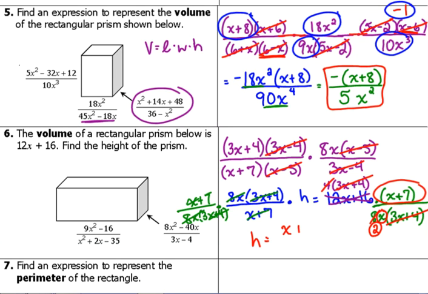So our height is equal to x plus 7 over 2 times x. I would probably suggest trying to give yourself a little bit more space to work that one out. I was trying to cram it in and save some time there, but I'd spread it out a little bit. Okay? Questions?